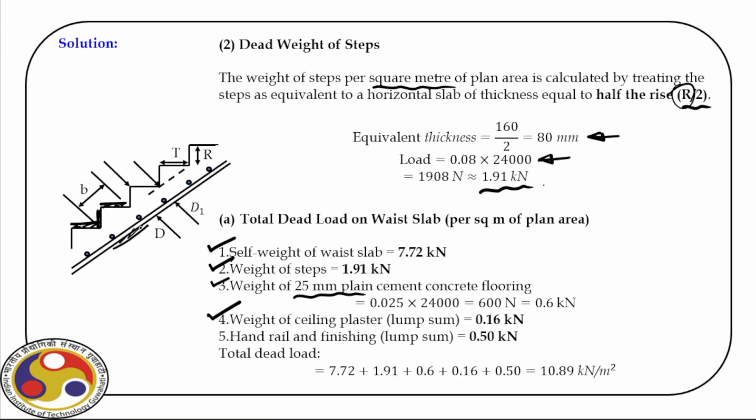For that again we add a lump sum weight, and then of course we'll have the railing. So we have to consider the weight of the railing, and that again as a lump sum, as you can see here, it is 0.5 kilonewton. So the total dead load is the summation of all these, and for our problem we have 10.89 kilonewton per meter square.